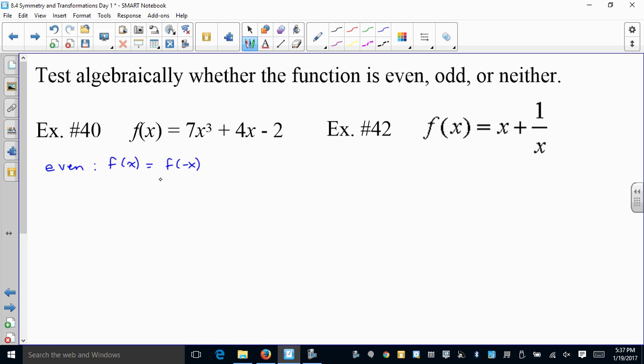So f of negative x would equal 7 times negative x cubed plus 4 times negative x minus 2, or negative 7x cubed minus 4x minus 2. And this is f of negative x, but it does not equal f of x, so it's not even.